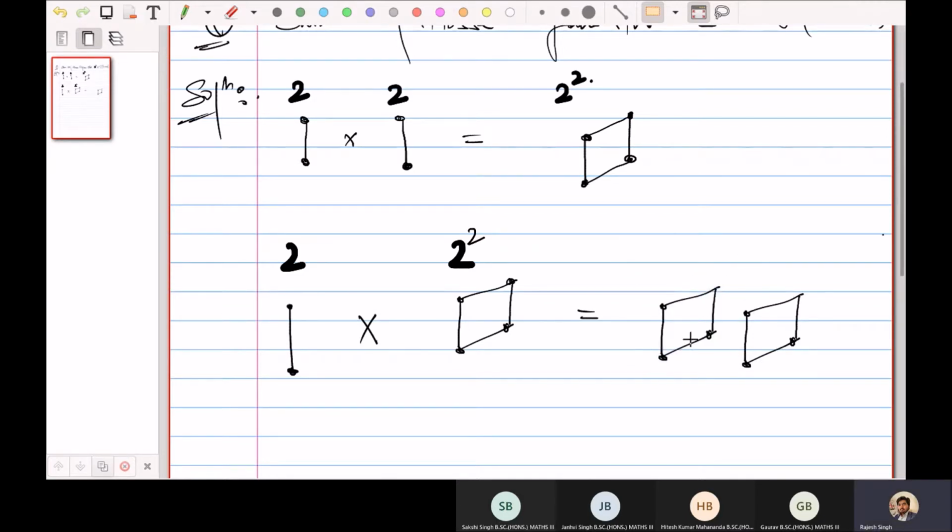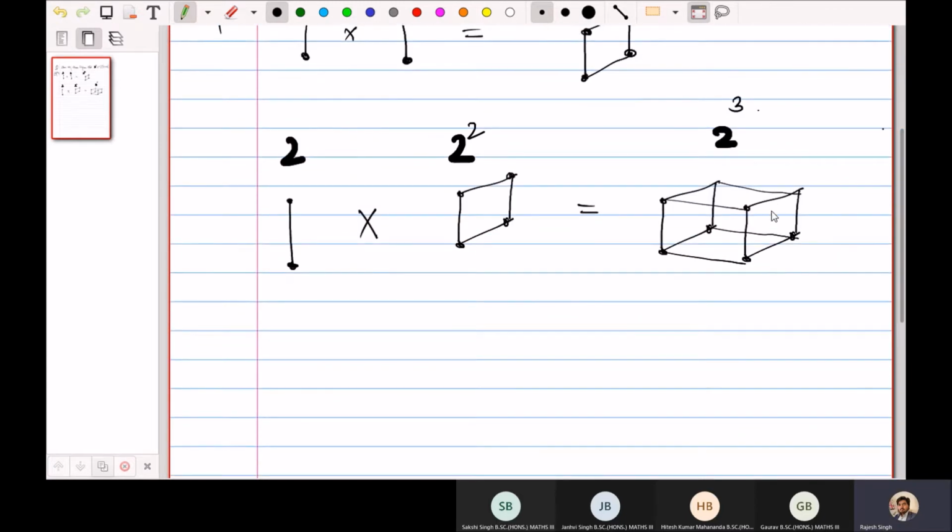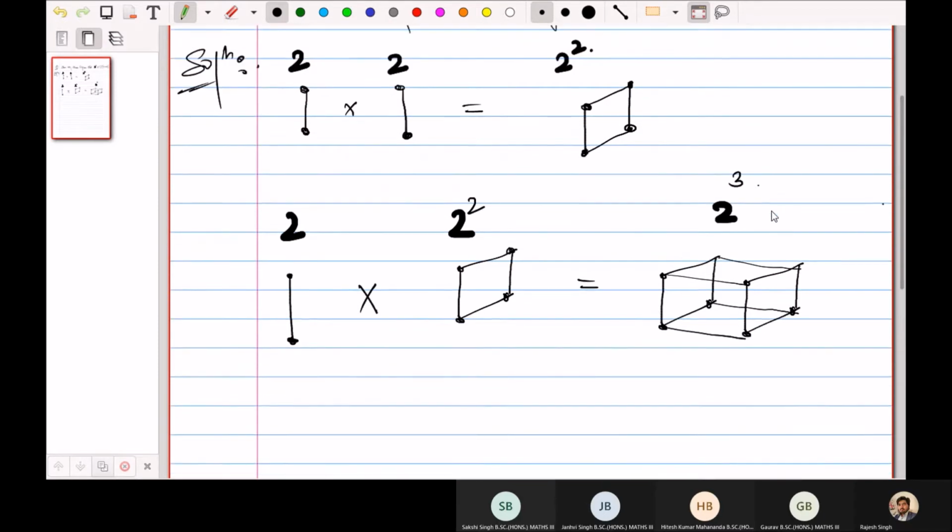Placing it this side will be better because then we can join the vertices in a better way. So I made this slightly above. So now these are corresponding vertices and I am joining them. So this is a cube, right? So this is the Hasse diagram for 2 cube, right? Clear? Yes, sir.